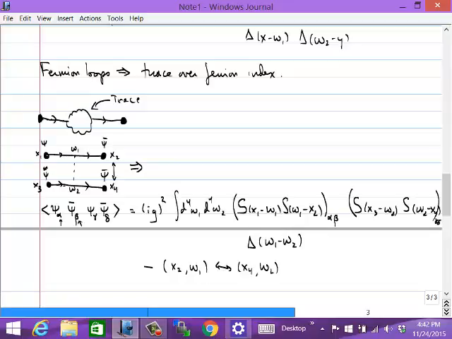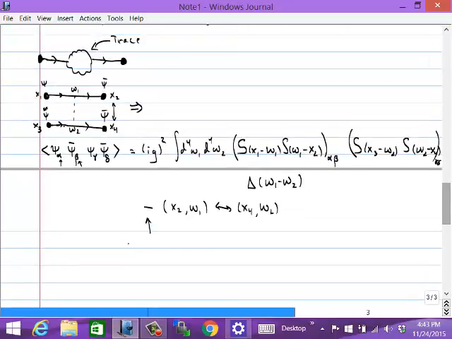I guess you don't even really need to interchange w1 and w2. You could just undo that by a change of variables. But in any case, the point really is that you pick up a minus sign here because every time you permute initial or final states, when you have fermions, you'll pick up a minus sign. That's practically the definition of a fermion. So this is from permuting final states.